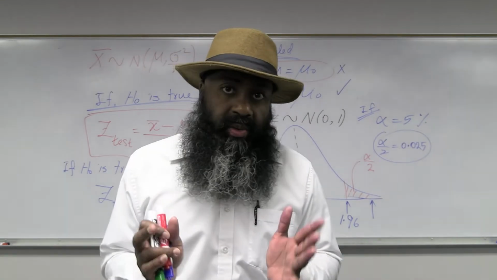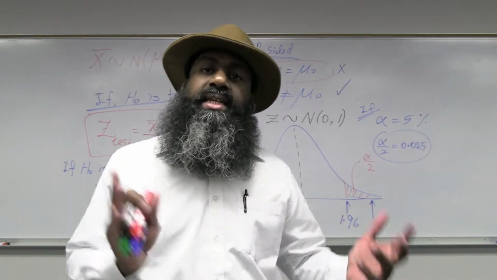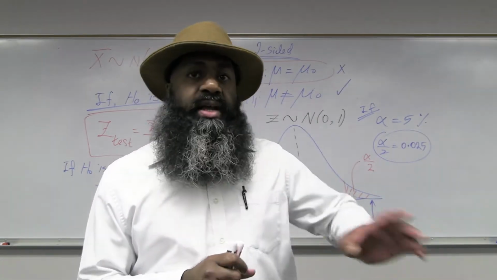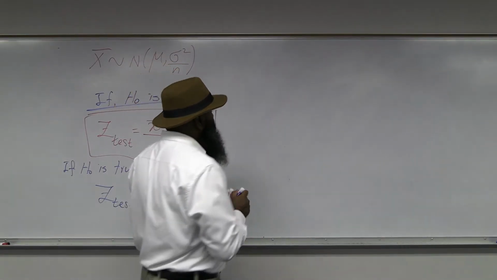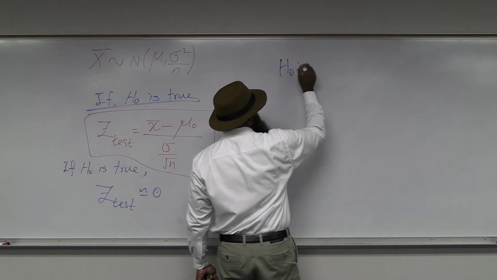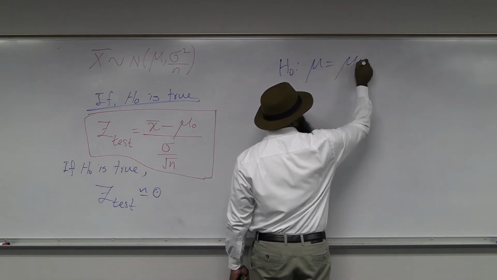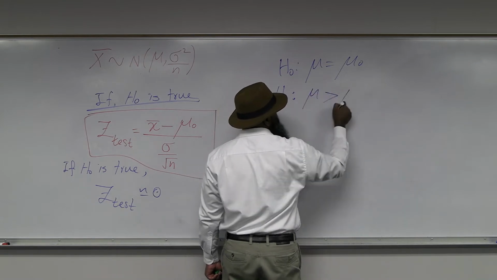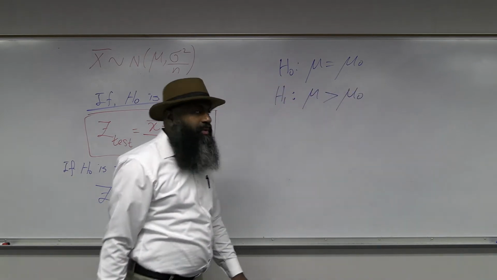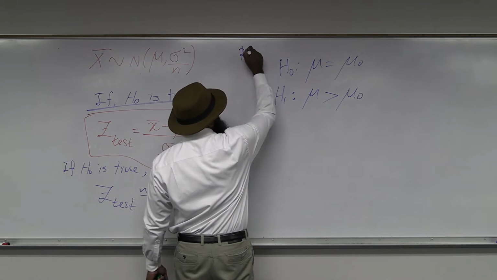Let's now see how to use the z-test statistic and critical value method for a right-sided alternative. Now, a right-sided alternative means I have my null hypothesis, like mu is equal to mu 0. The alternative hypothesis will be of the form mu is larger than mu 0. This is for the right-sided test.